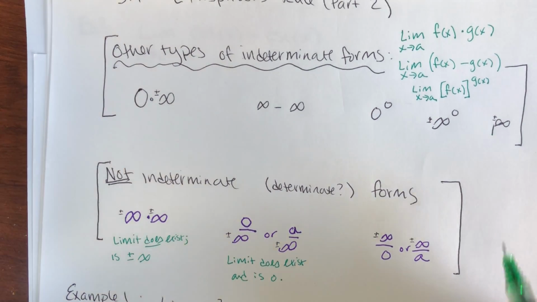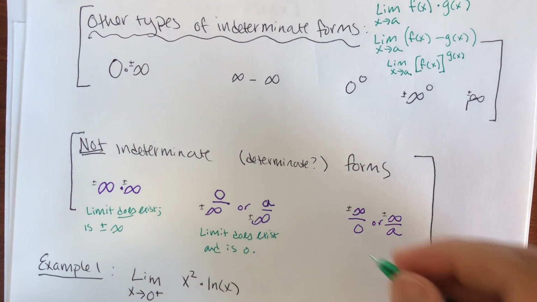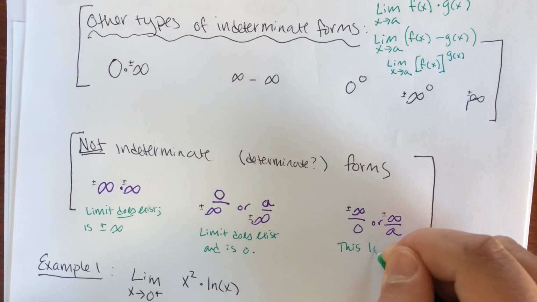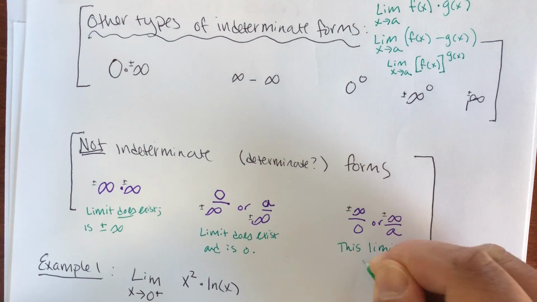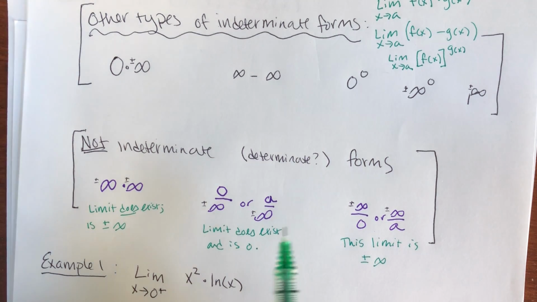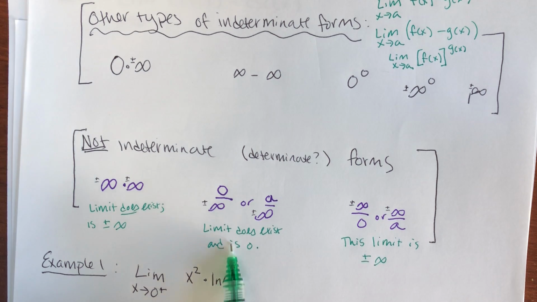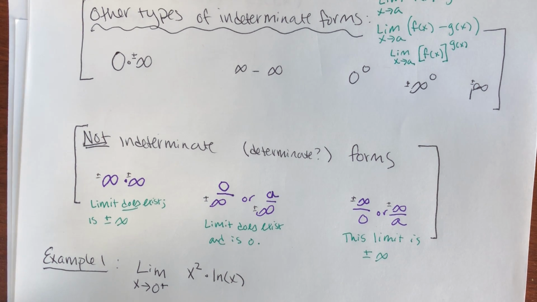And in this last case, if your numerator is heading towards an infinity and your denominator is heading towards 0, then this limit is going to also be positive or negative infinity. So these are determinate forms. They don't require any sort of L'Hopital's rule or any sort of work. You just have to think about whether it should be positive or negative infinity for these two cases. And in the middle, it would have to be 0.